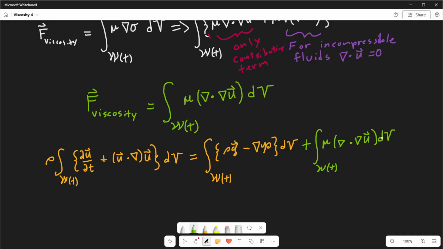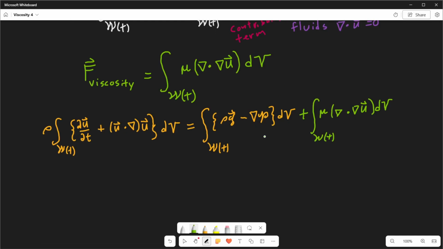So that is finally the Navier Stokes essentially, except I can do one more thing. Since this is now a volume integral, I can just get rid of the volume integral and basically combine the whole thing.